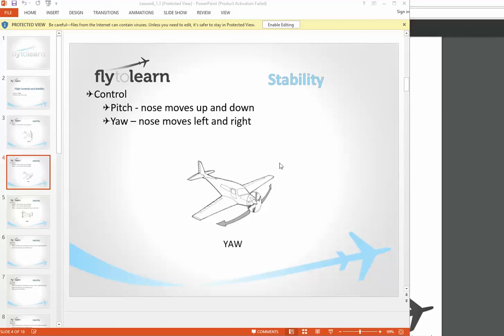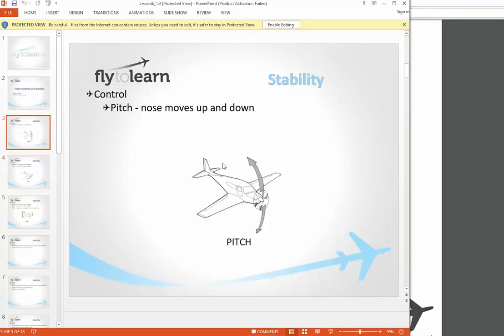And exactly, what I didn't mention with pitch, and I'm sorry, I'll go back there real quick. Pitch is controlled by the horizontal tail, or horizontail, as one of my other classes mentioned. There is a control surface called an elevator.